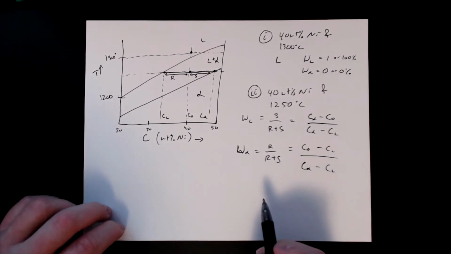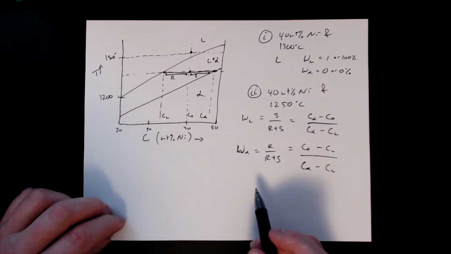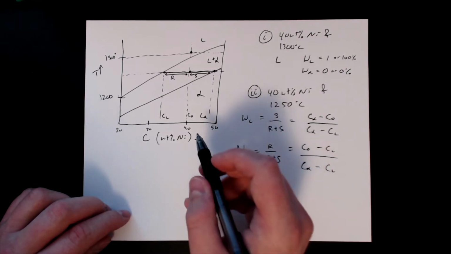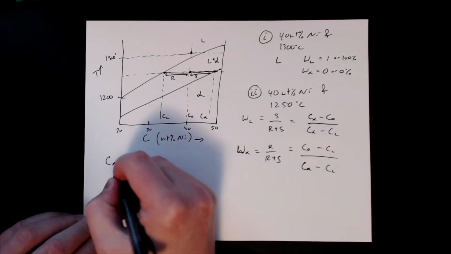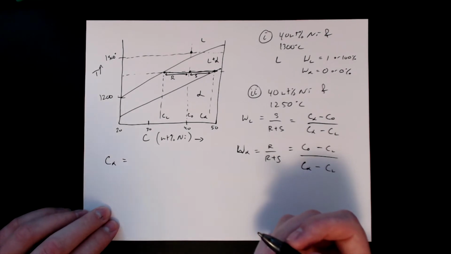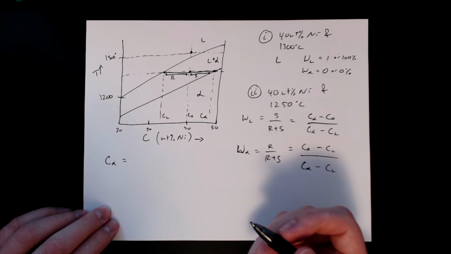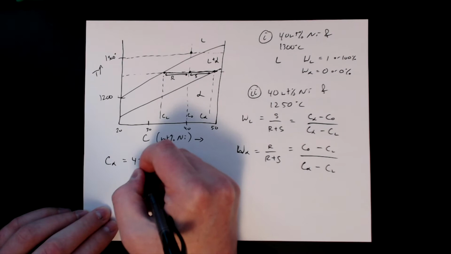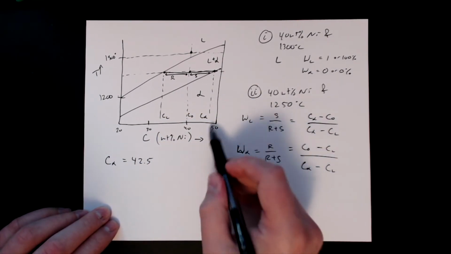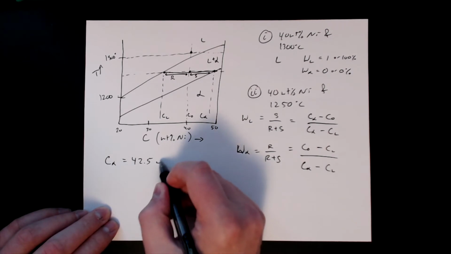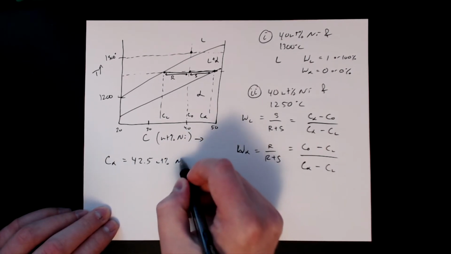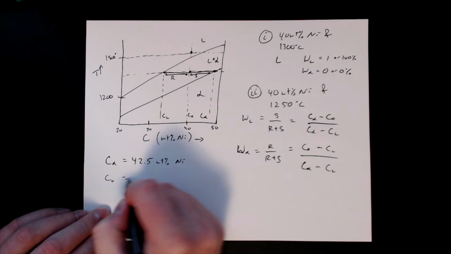So let's plug in what these values are and see if I drew this very well. So C alpha, if I go back to the original drawing, is about 42.5. So I didn't draw it so well. It actually looks like it's closer to 42.5. So I'm going to use this value. And then C naught, we know that to be 40.